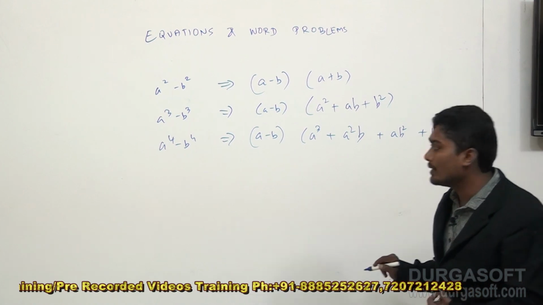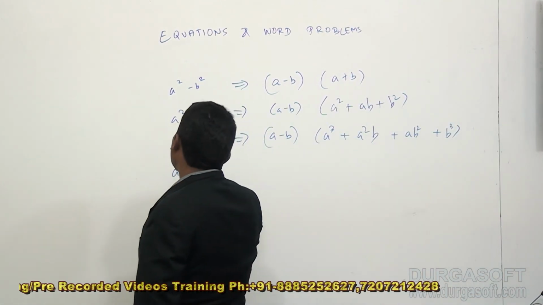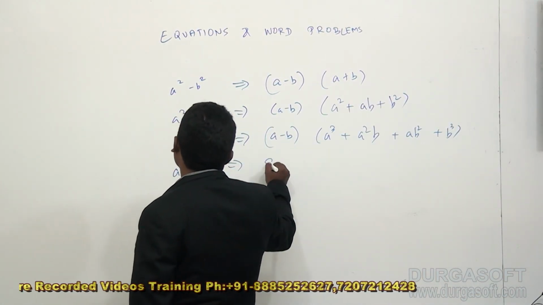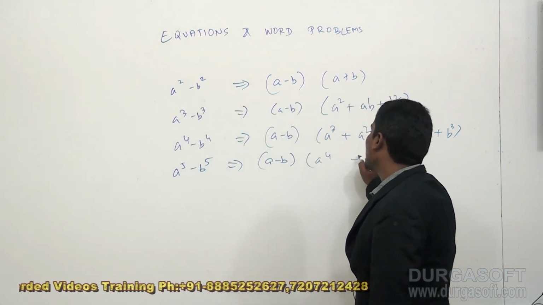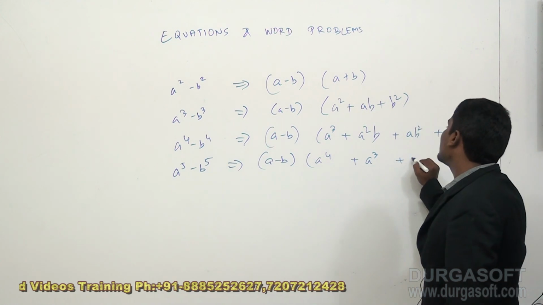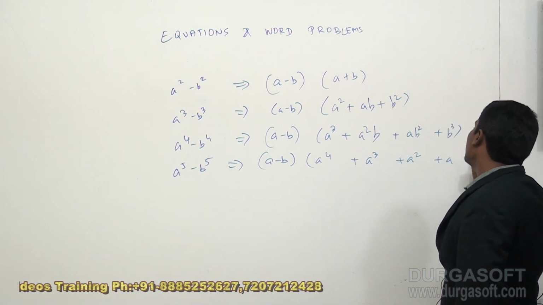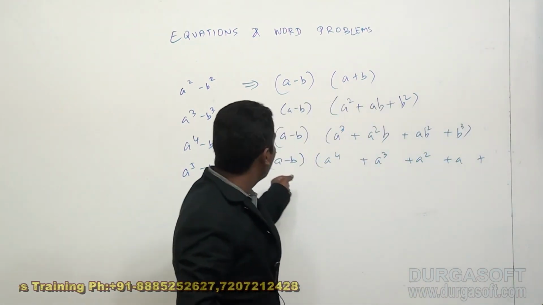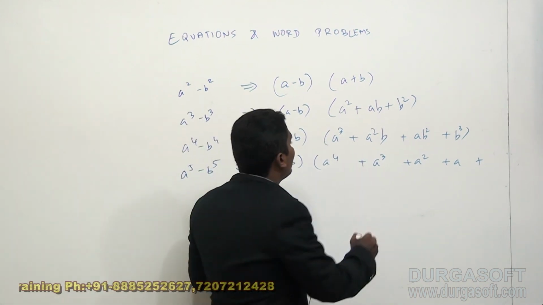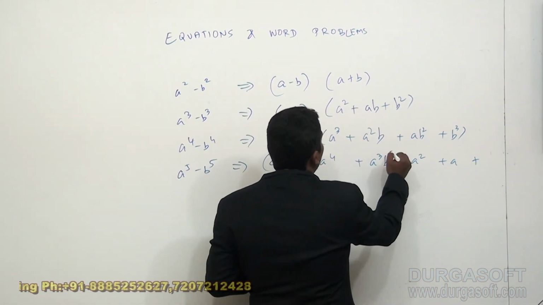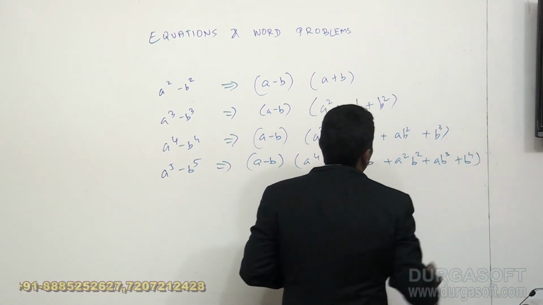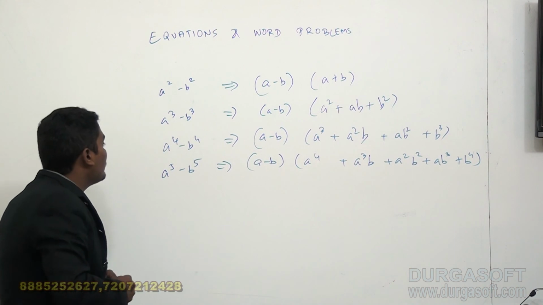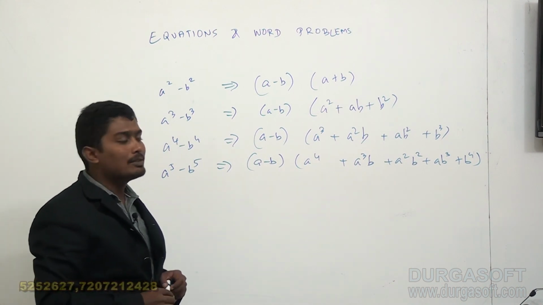Again a power 5 minus b power 5, I can write it as a minus b into a power 4 plus a cube plus a square plus a plus nothing. Again powers of b I have to write in increasing order: b power 0, b power 1, b square, b cube, b to the power 4. This is how I will be writing a power 5 minus b power 5.